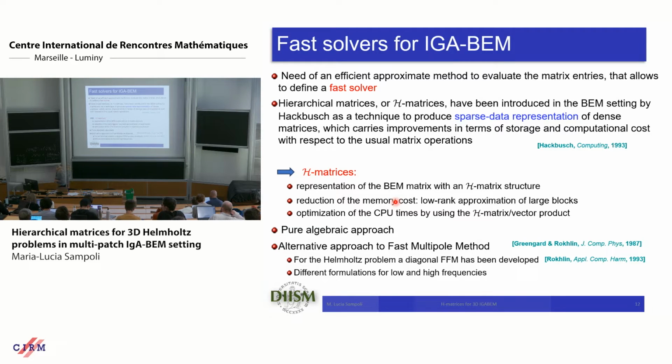So instead we are using the third possibility, which is the use of hierarchical matrices. This is a technology that was introduced by Hackbusch to produce a sparse data representation of a dense matrix.